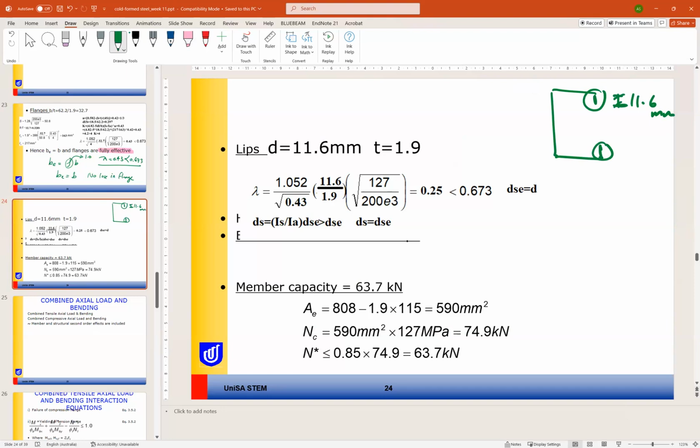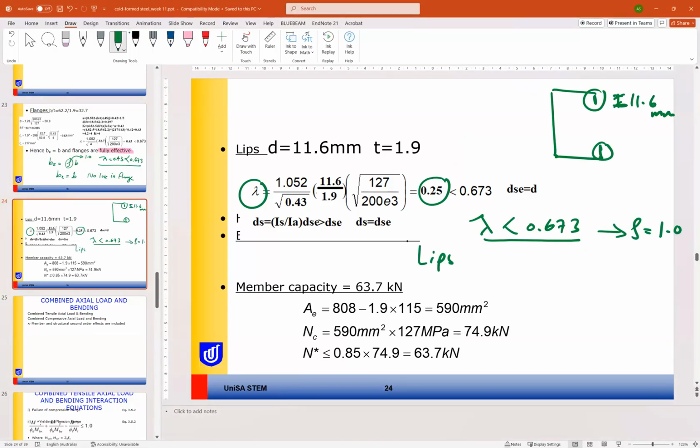So lambda for this case will be 1.052 divided by root 0.43. We got it as 0.25. So lambda for the lips is less than 0.67. So this means that rho for the lips equals 1 as well. So the lips are fully effective.